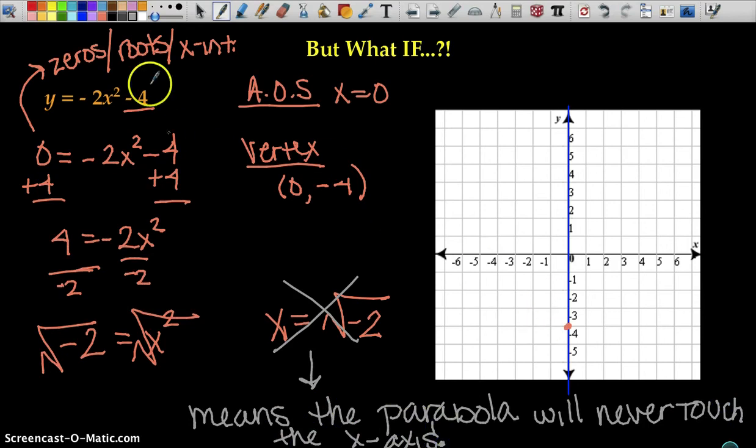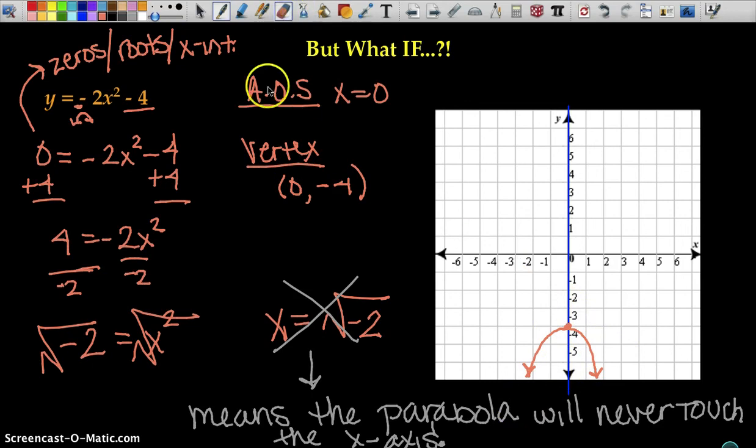If we look back over here, we know that this negative means that the parabola is going to open downward, and if the vertex is here, then it's going to open down this way. Once we know that it's not going to touch the x-axis, we actually have to put in some values to find out what exactly would happen.